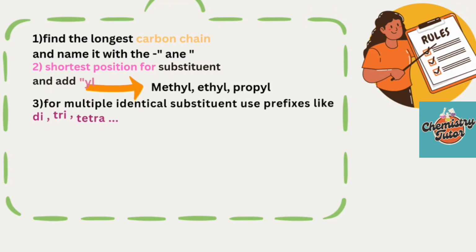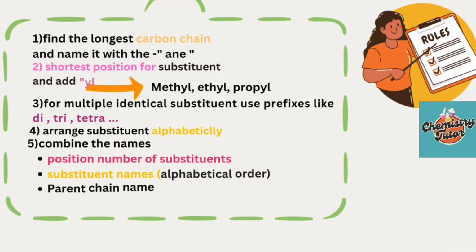Third one, for multiple identical substituents, use prefixes such as di, tri, tetra, etc. Fourth one, arrange substituents alphabetically. Last one, combine the names: position, number of substituents, then substituent names in alphabetical order, parent chain name.